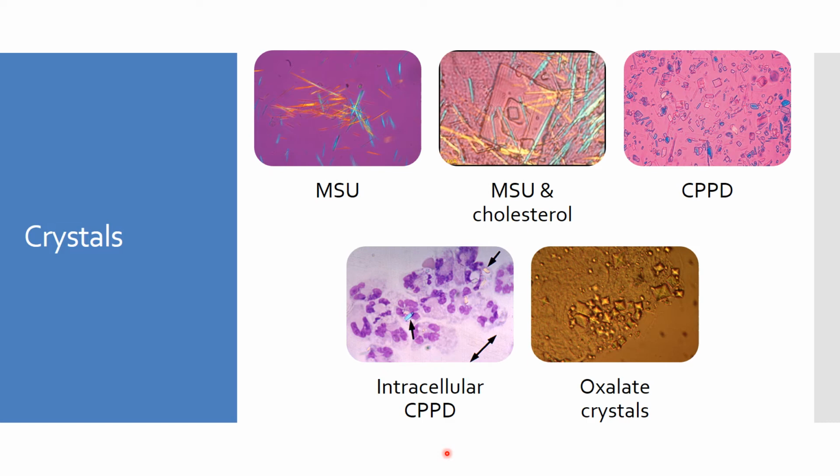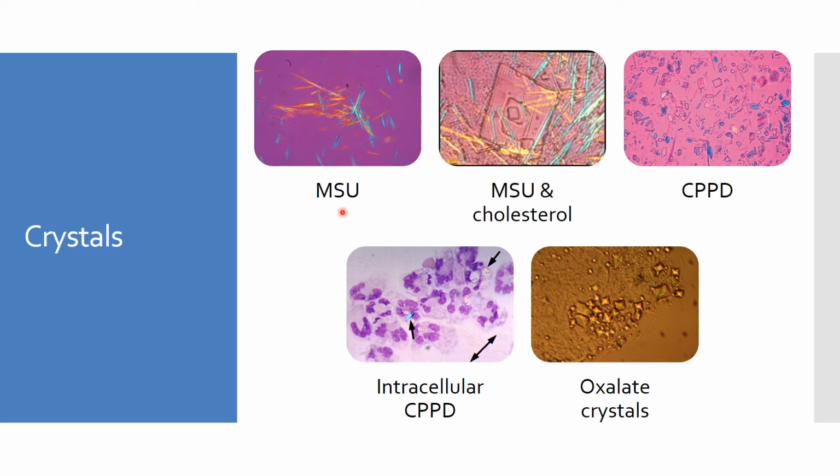There's a lot of physics involved, and you don't necessarily need to know it. You just have to know what positive or negative birefringence is. So in the case of MSU, this is demonstrating negative birefringence. Now you would have to be the technician who knows what your compensator is and which direction it's pointed.